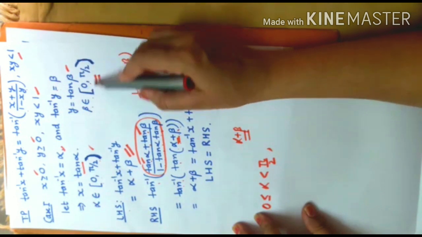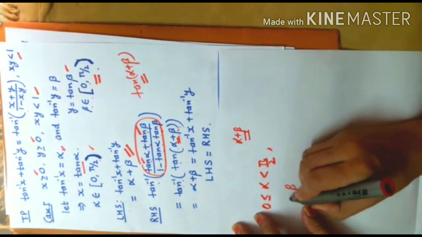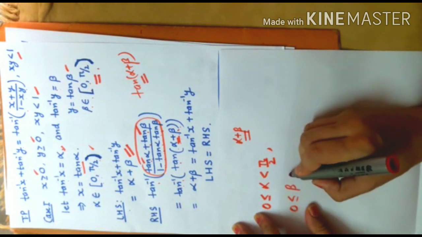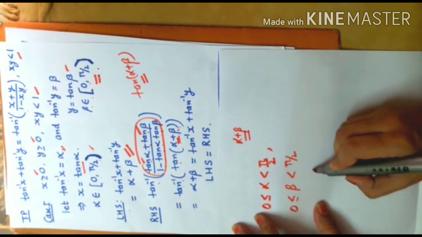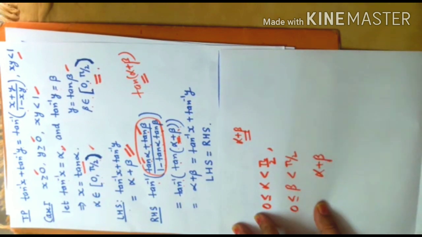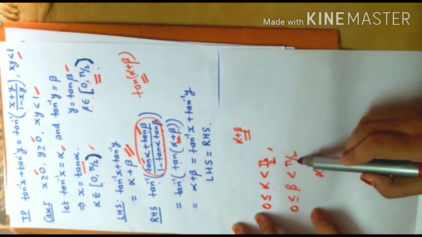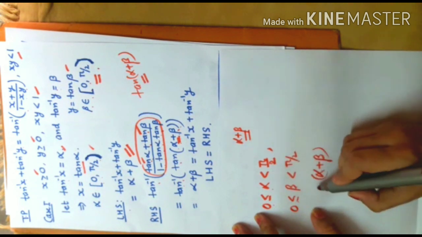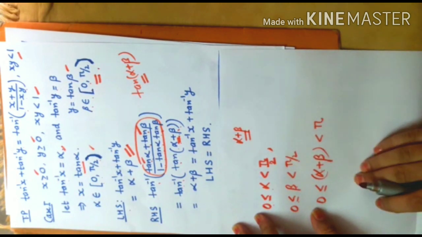Similarly, beta belongs to this interval, so beta is greater than or equal to 0 and less than pi by 2. Now alpha plus beta, when alpha lies in this range and beta lies in this, will be greater than or equal to 0 and less than pi.